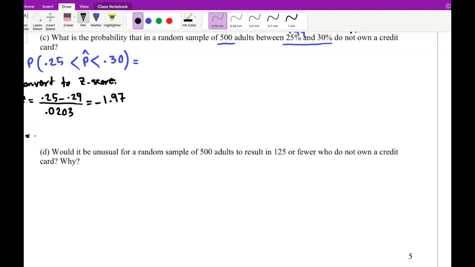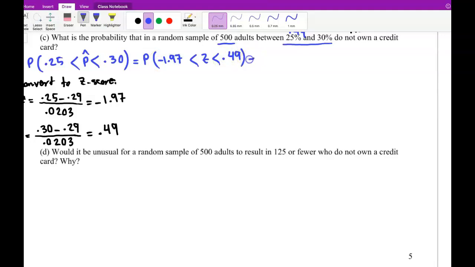Now for the right side, z is equal to p hat, which is 30%, minus p, divided by the standard deviation. That is 0.49. So here find the probability when z is between negative 1.97 and on this side 0.49. Okay, so again, use the table.